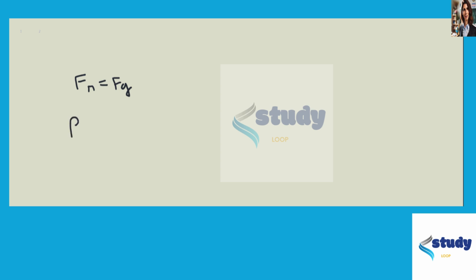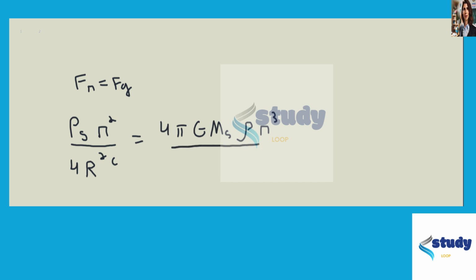This is the power of the sun times r, divided by 4 R squared c, and it is equal to 4 pi G M_s rho r cubed divided by 3 R squared.